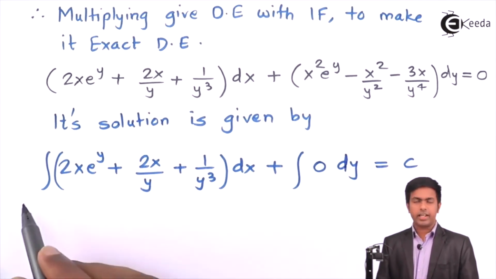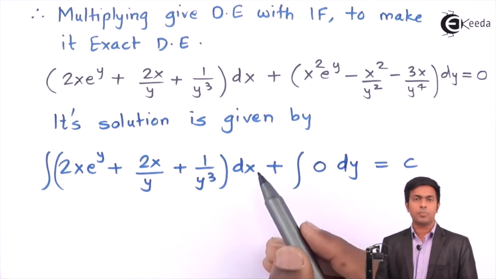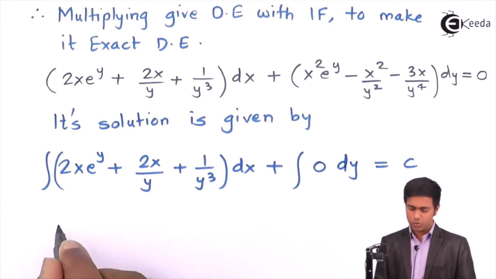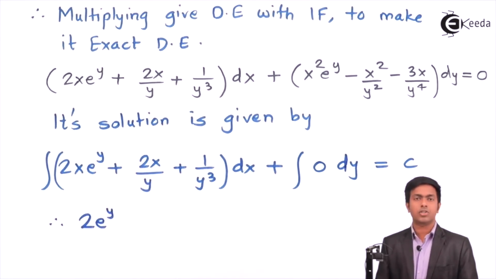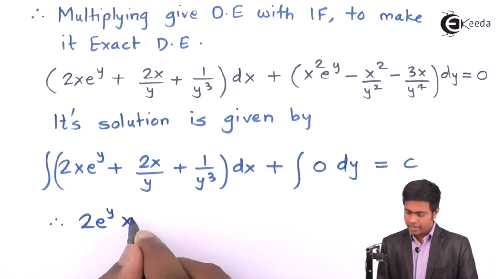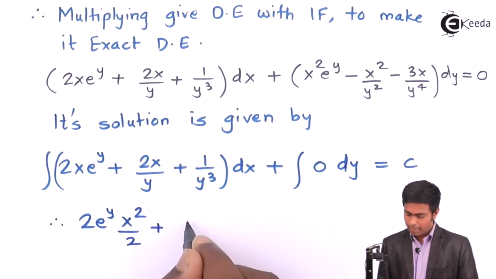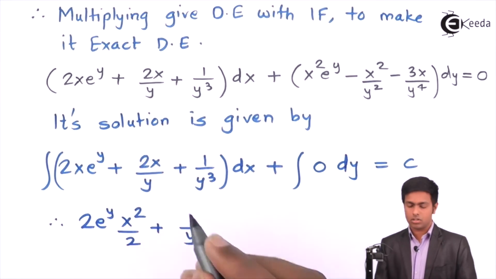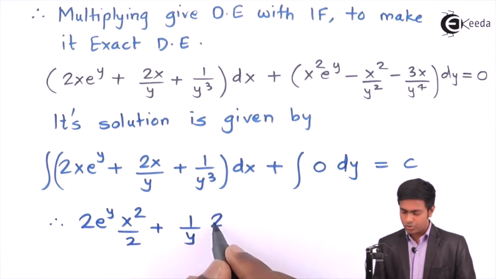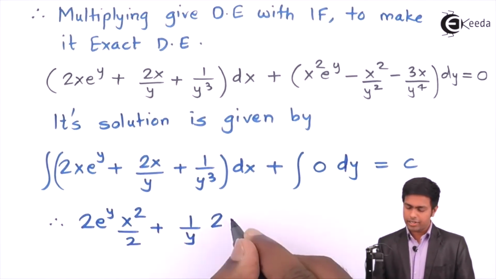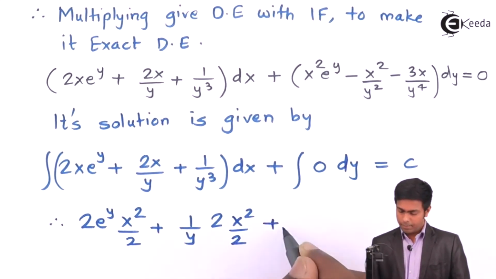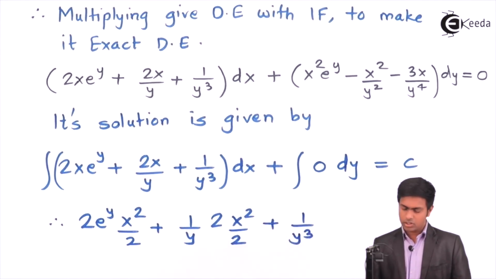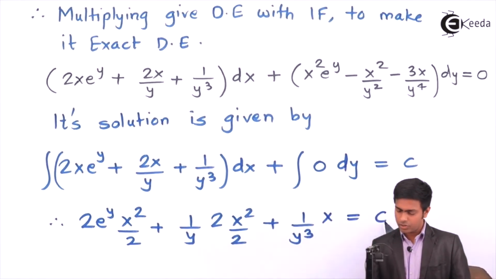Now let's integrate this term with respect to x by treating y constant. We will get 2 e^y outside since it is constant, and the integration of x is x² upon 2, plus 1 upon y, here we get 2, that is also constant, and the integration of x is again x² upon 2, plus 1 upon y³ constant, and the integration of 1 with respect to x is x, equal to c.